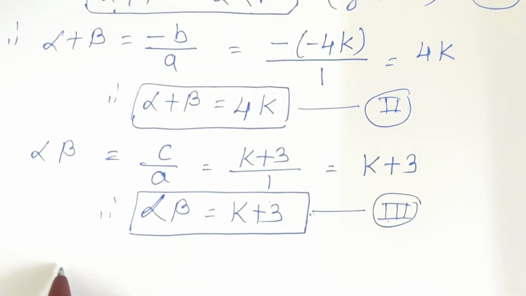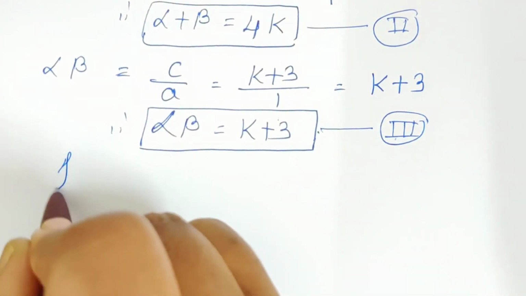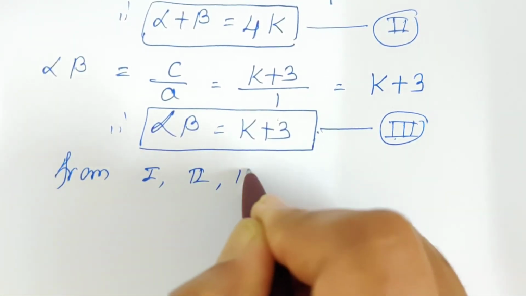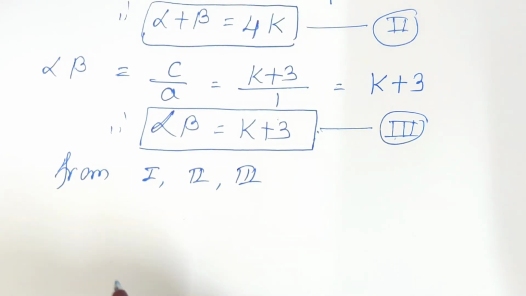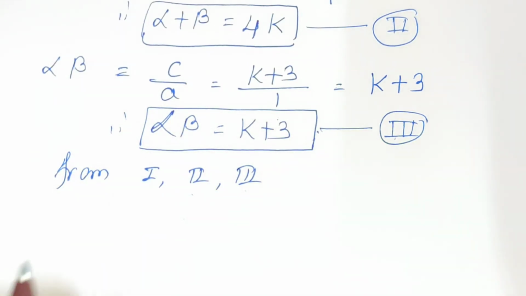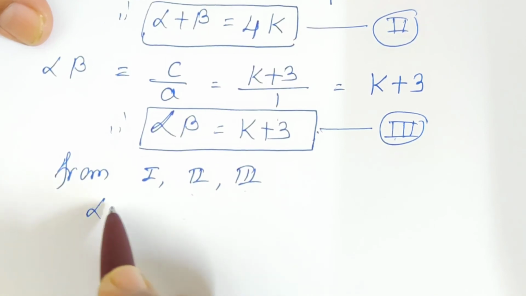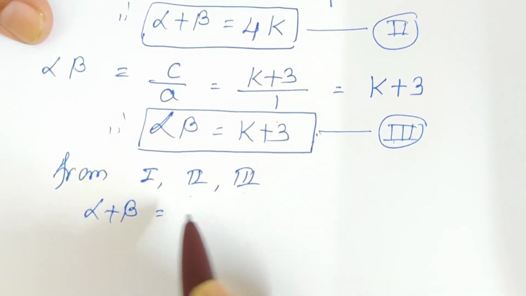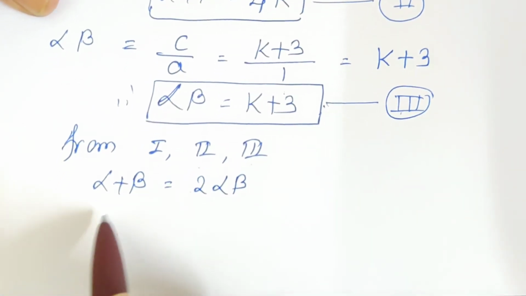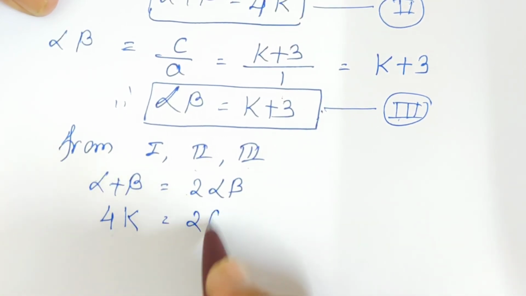From 1, 2 and 3 we get alpha plus beta is equal to double of alpha beta, that means 4k is equal to 2 multiplied by k plus 3.